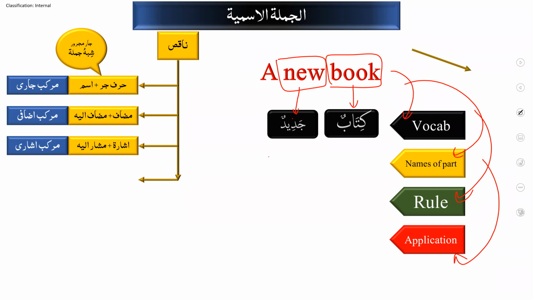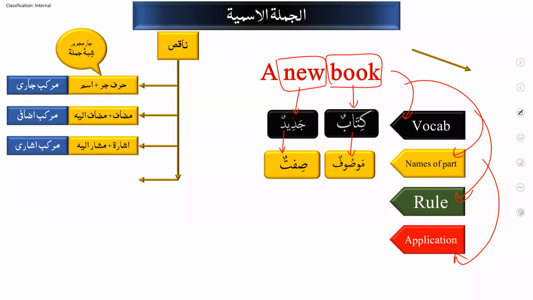Okay. Now second, names of parts. Now this jadidun word, it is an adjective. It is called in Arabic siftun. And the noun for which we are bringing an adjective is called mawsufun. So a noun for which we bring an adjective, that is called mawsufun.